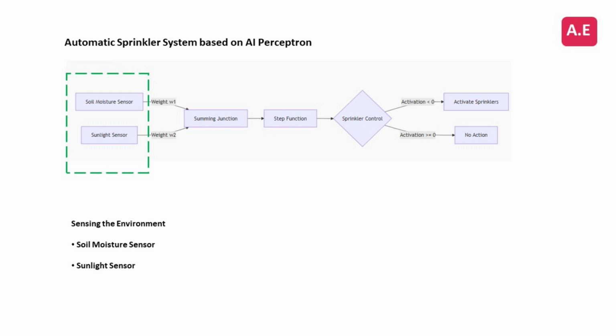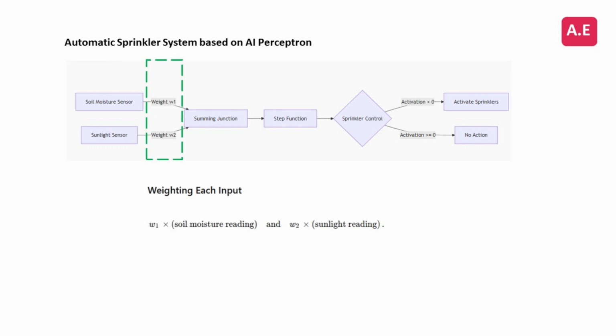This device measures ambient light intensity. Again, it produces an electrical signal which increases with the amount of sunlight. Taken together, these two readings represent the key environmental factors that determine whether irrigation is needed. If the soil is dry and the sun is strong, the plants are likely losing water faster than they can absorb it, so the sprinklers should run.